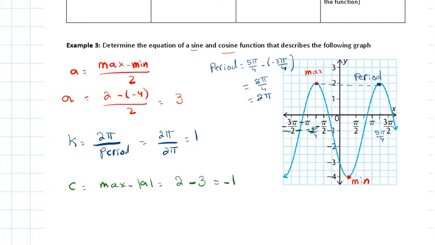Okay, now sine starts at the axis. So I can choose to start my function right here, or right here, or right here. Right here is not a good idea because that's the end of it, okay? But I can choose to start at any of these other points.